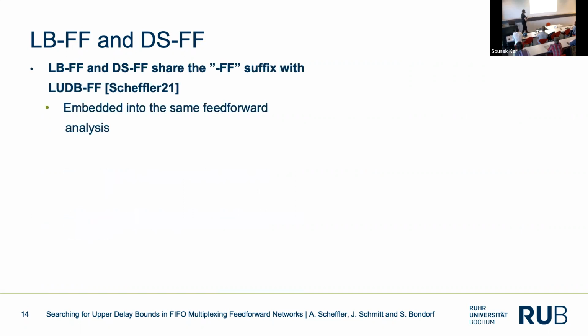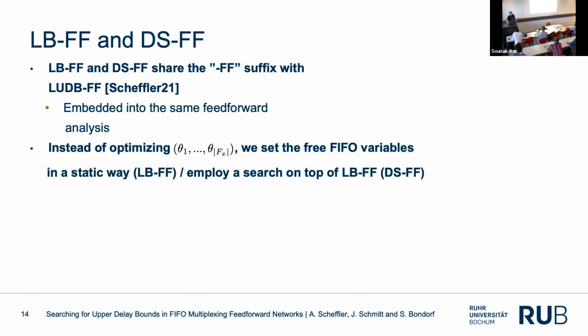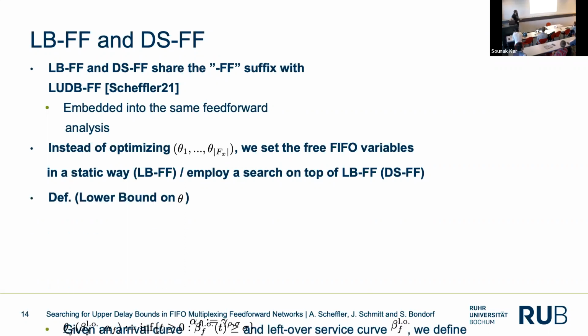So instead of optimizing the set of theta parameters we get per tandem, we just try to do it in a different way. The LB is a static way, and DSFF is a search on top of this LB. I'll show you in a moment.